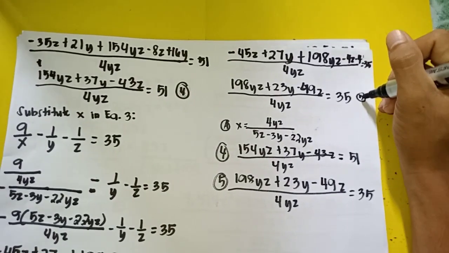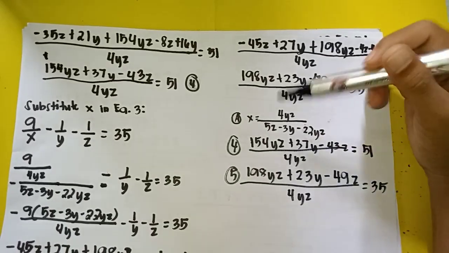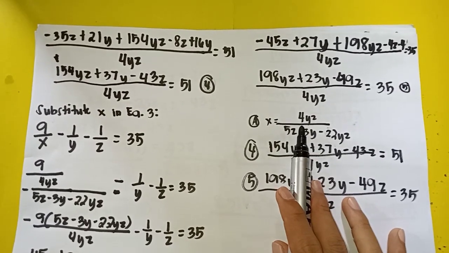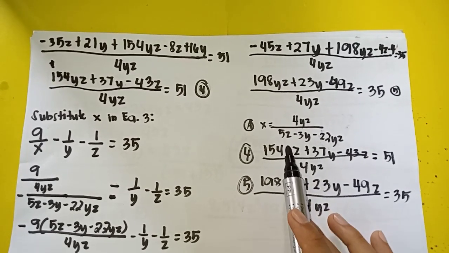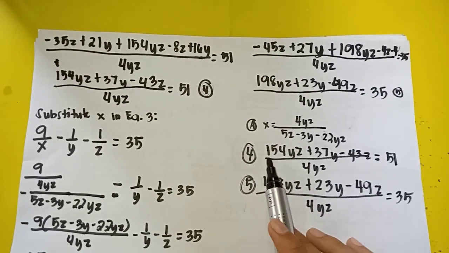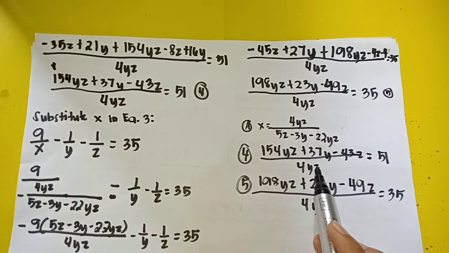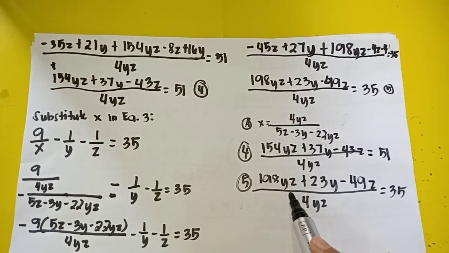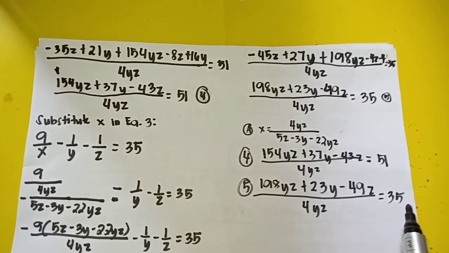So this is our equation number 5. To summarize, our equation A is x equals negative 4yz over 5z minus 3y minus 22yz. Our equation number 4 is 154yz plus 37y minus 43z over 4yz equals 51. Our equation number 5 is 198yz plus 23y minus 49z over 4yz equals 35.